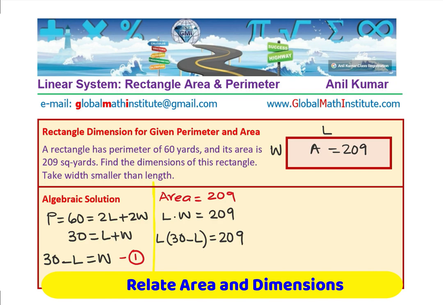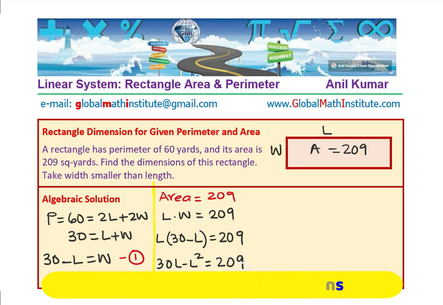Now you can open this bracket and you get a quadratic equation, which is 30L minus L square equals 209, correct? So I bring all the terms to one side so that we can easily solve this question, right?